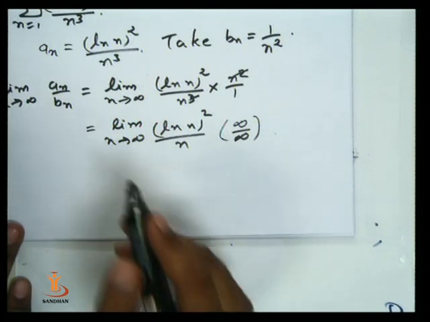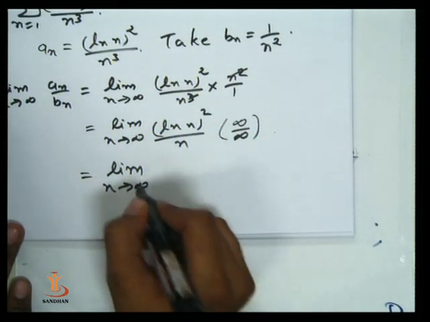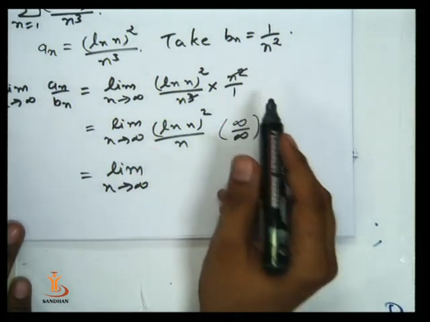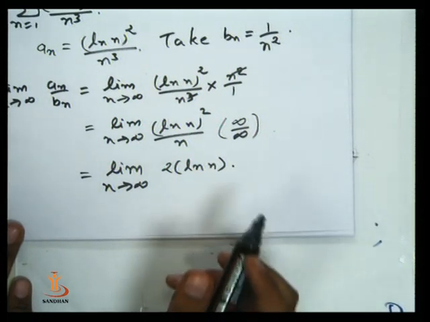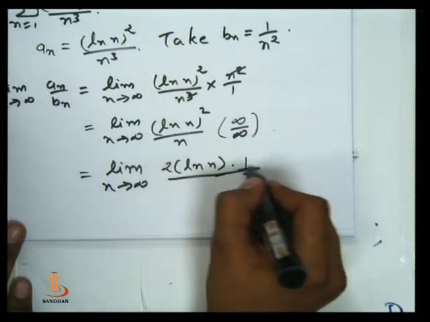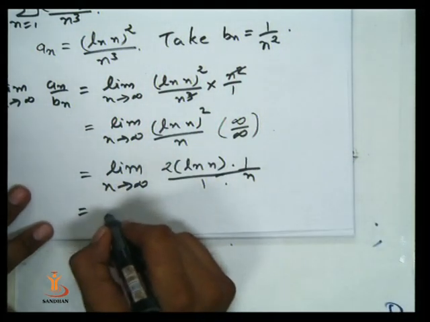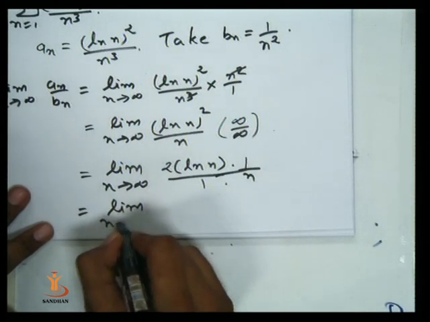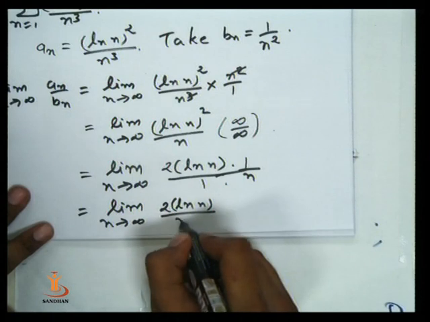as well as the denominator, and that is nothing but the limit as n tends to infinity of the derivative of (ln n)^2 with respect to n, which will be twice ln n into the derivative of ln n, that is 1 upon n, and the derivative of n is 1. So here we get the final limit as the limit as n tends to infinity of 2 ln n upon n.